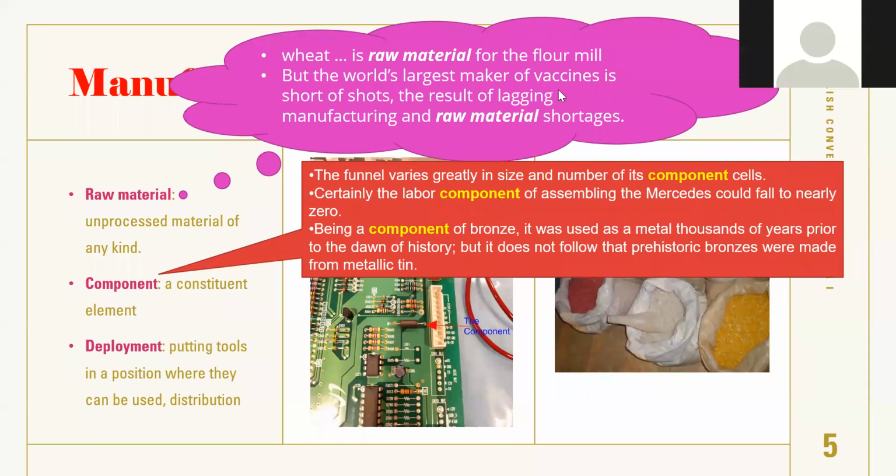The funding varies greatly in size and number of these component sets. Certain that labor component of assembling the Mercedes could fall to nearly zero. Being a component of bronze.